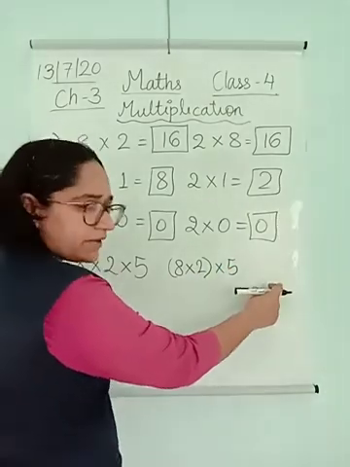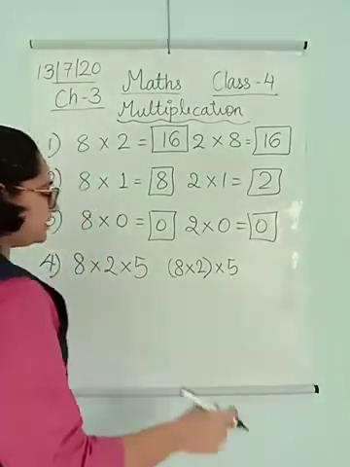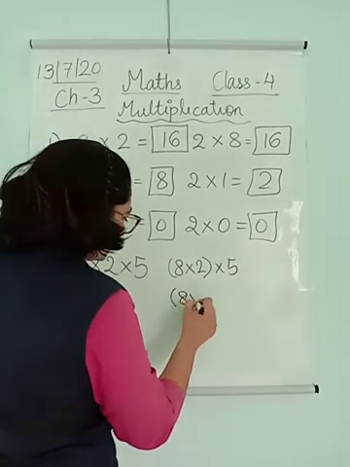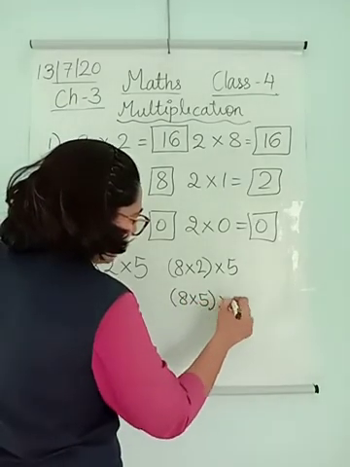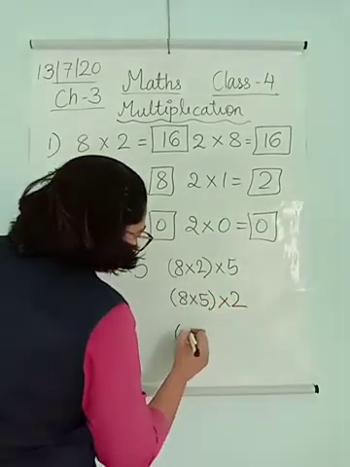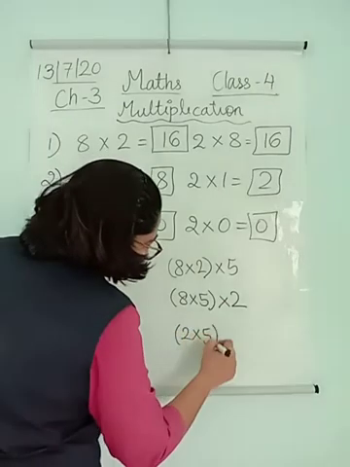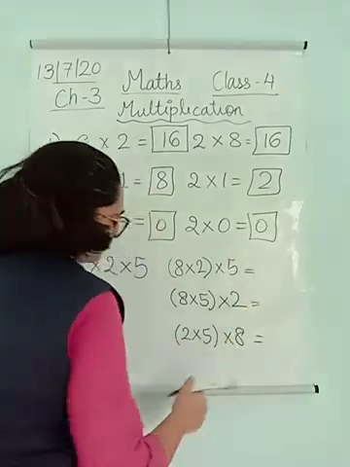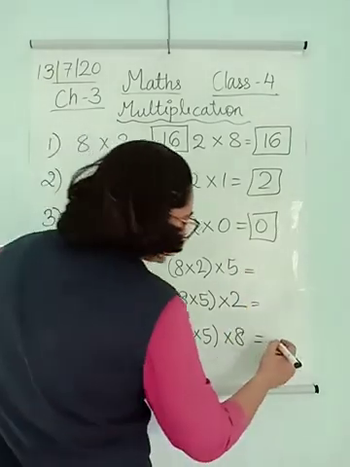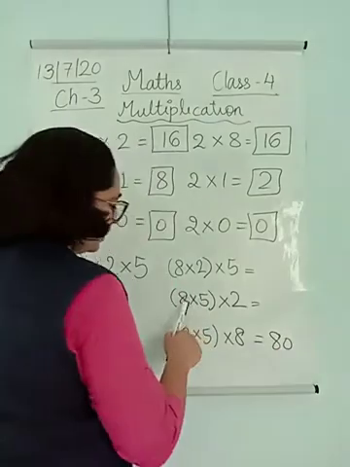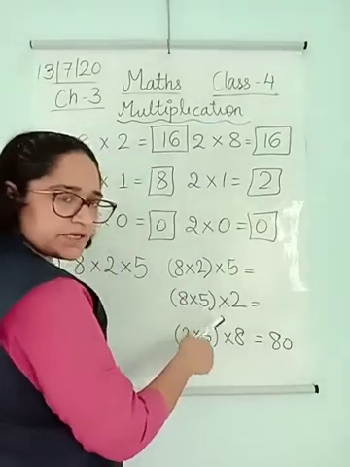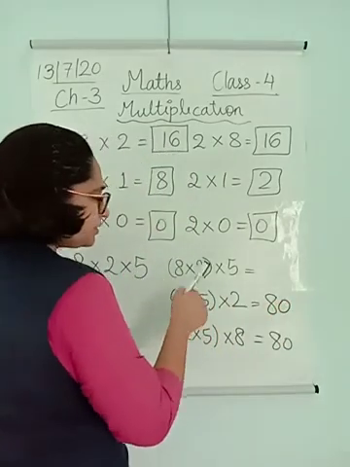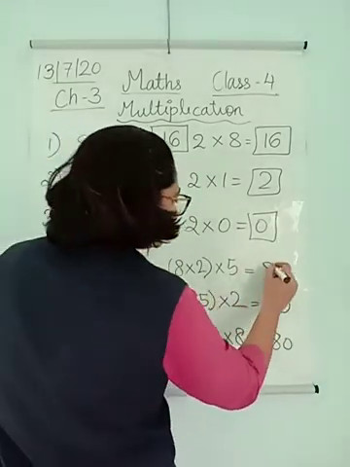My answer will always be the same no matter what. Or I do 8 fives and then multiply by 2. Or I take 2 fives first and then multiply by 8. 2 fives are 10, 10 eights are 80. 8 fives are 40, 40 twos are 80. 8 twos are 16, 16 fives are 80.